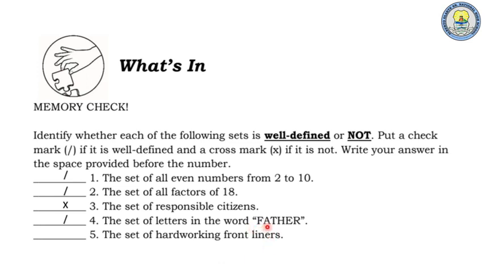F1, A2, T3, H4, E5, R6. May nagpabalik-balik ba ng mga letters? Okay, wala. So therefore, 6 elements are there in the word father. How many elements? We have 6. Kasi nga, walang nagpabalik-balik na letter.